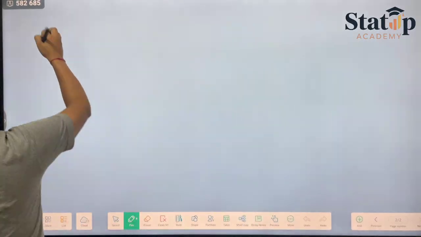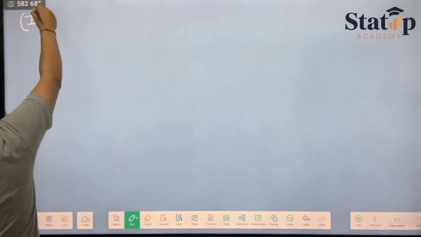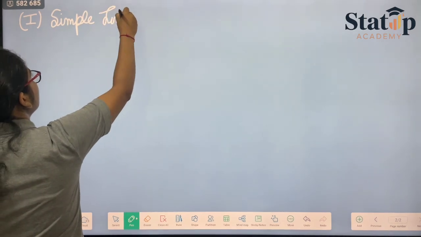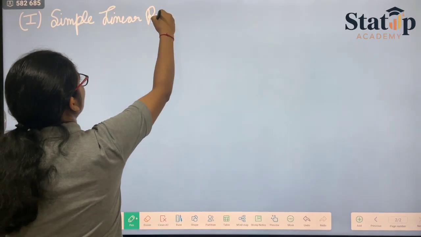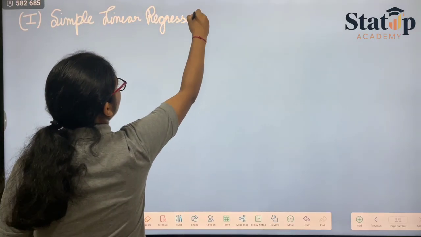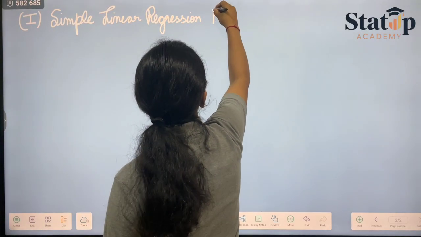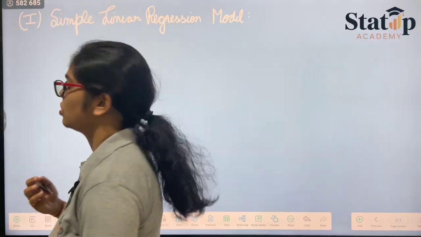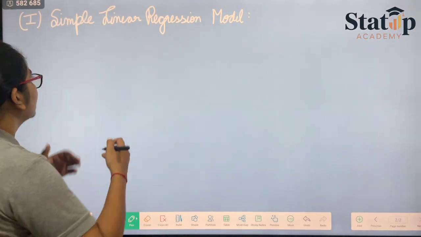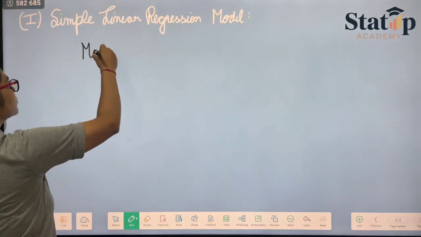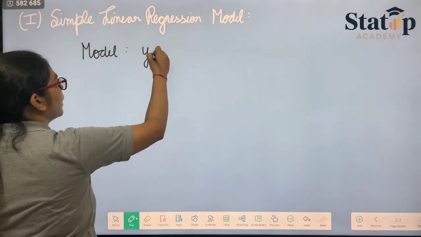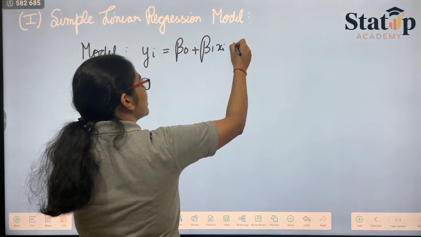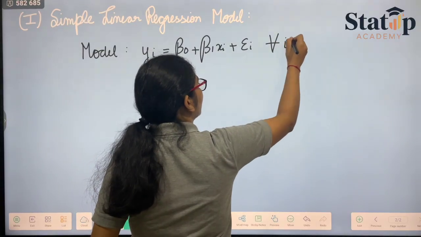So firstly, for the simple linear regression model, which is also known as the SLR model, the model is given by yi is equal to beta naught plus beta 1 xi plus epsilon i for all i going from 1 to n.